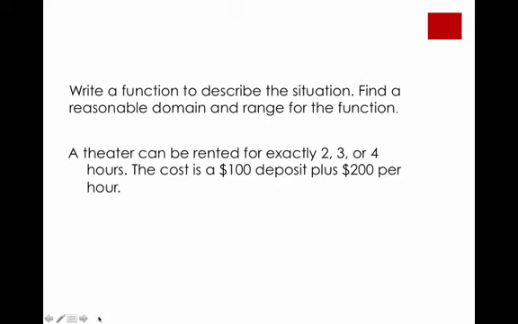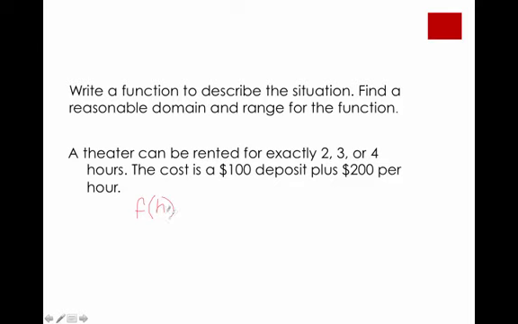Theater can be rented for exactly 2, 3, or 4 hours. The cost is a $100 deposit plus $200 per hour. Function to describe the situation. So f of, I'm going to make my x into h for hours, because the hours are what is our independent variable, right?